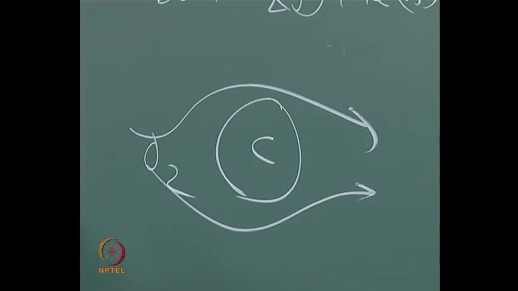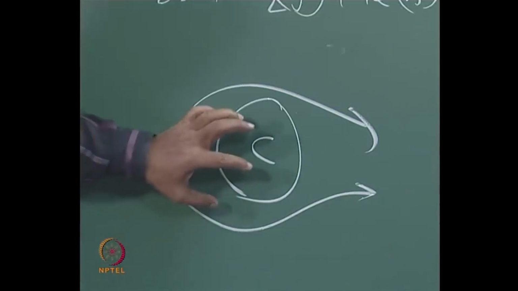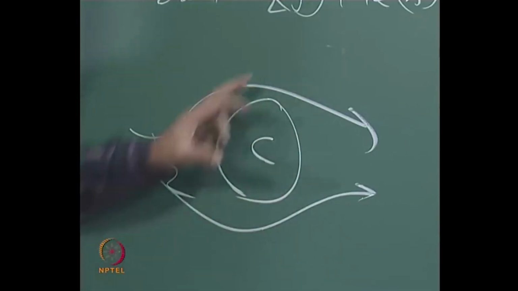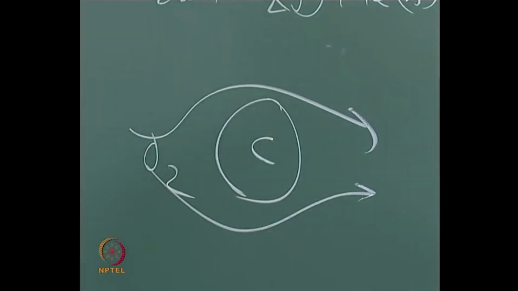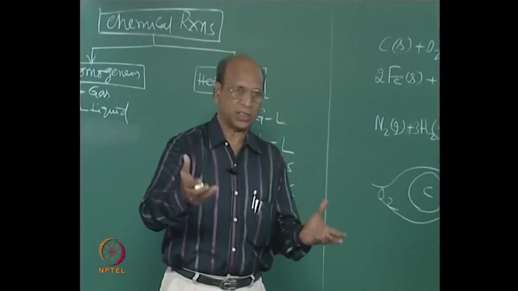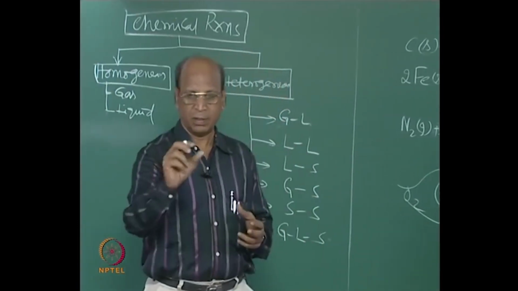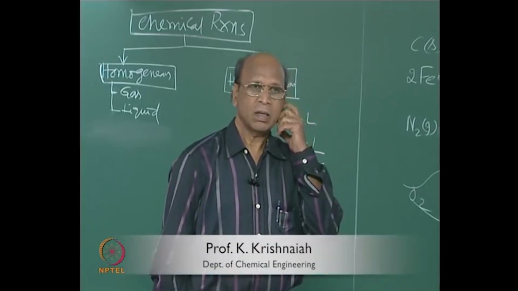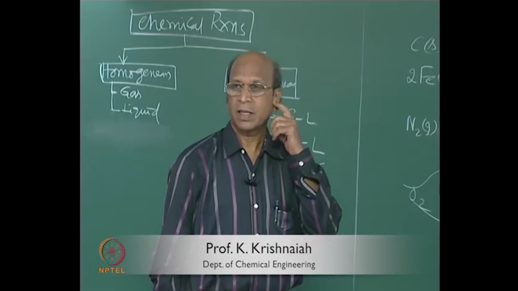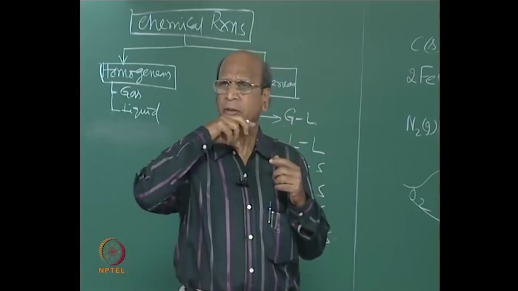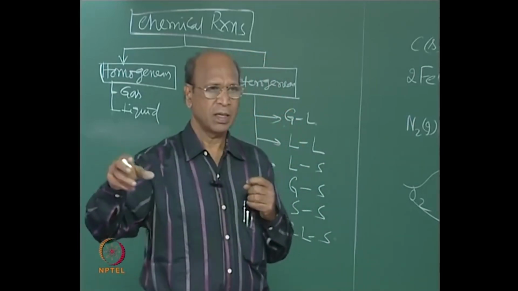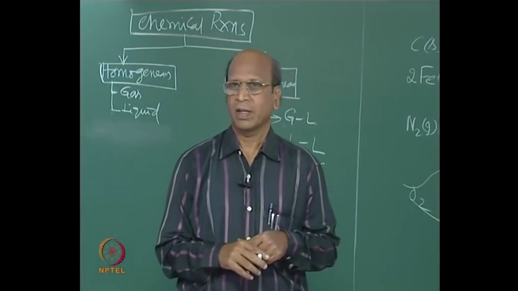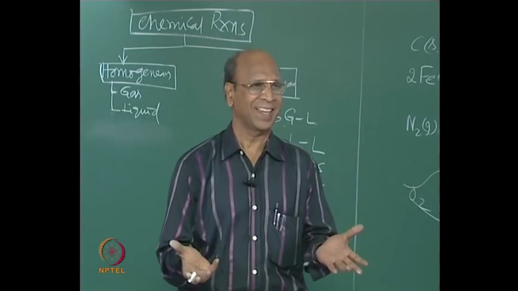And fluid mechanics again tells me that whenever I have a solid and a gas or liquid phase, around this solid we have what is called a stagnant place, which we call as a boundary layer.